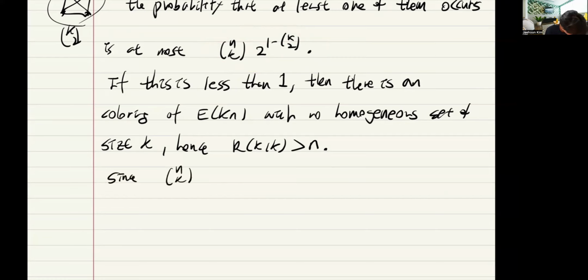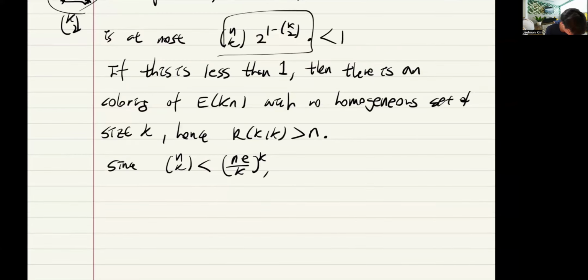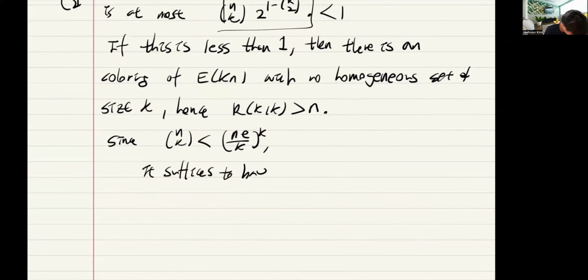Since we know that n choose k is at most n times e over k to the k, this being smaller than 1, it suffices to have that n over k is more than 2 to the (k minus 1) over 2. Why?